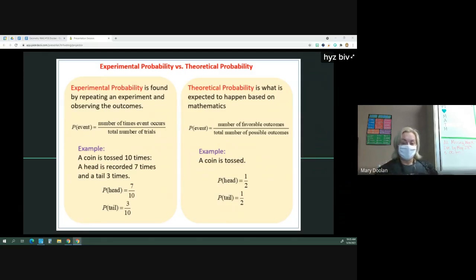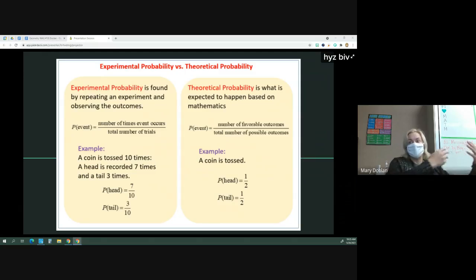And then the theoretical probability is the probability of an event where you have the number of favorable outcomes, what you want to happen, divided by the total number of possible outcomes. Okay, and so these two probabilities you find, you might be talking about the same thing happening, like tossing a coin in this example here, but we clearly have two different probabilities on each side.